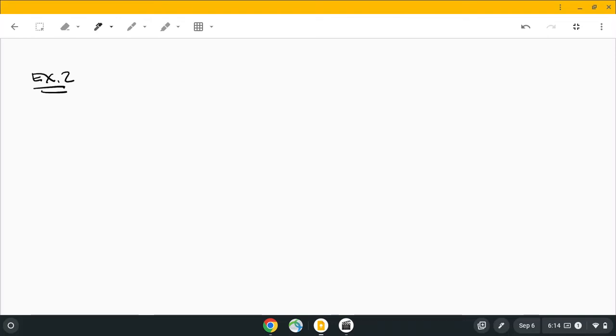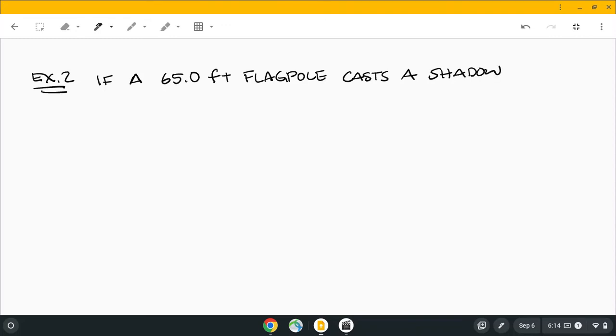All right. So if a 65.0, that's 3 significant digits, 65.0 foot flagpole casts a shadow 37.0 feet long.